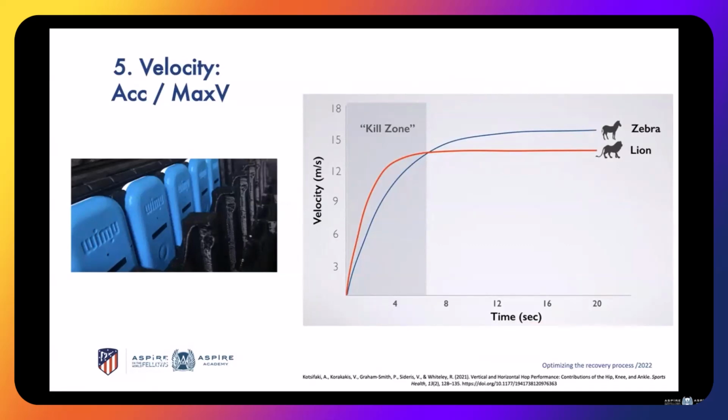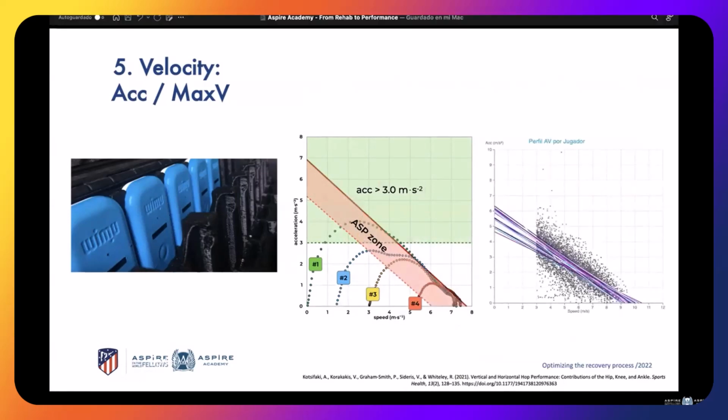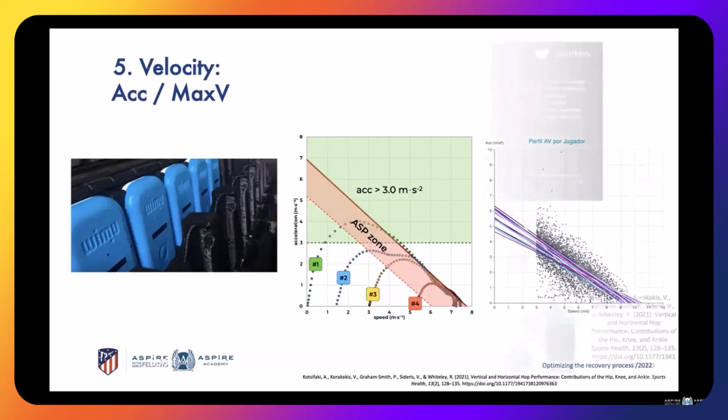At first we have to differentiate between acceleration and max velocity, and we do that through the force velocity, and in this case acceleration velocity profile, so we can have this daily or weekly data of the session, so testing the player without testing him, and that's the most accurate return to play test that we can have, because it replicates the actual demands of the player in terms of acceleration, deceleration, and velocity.